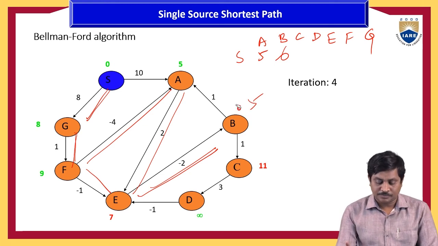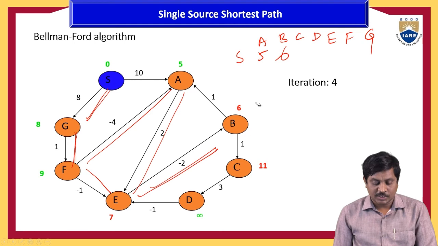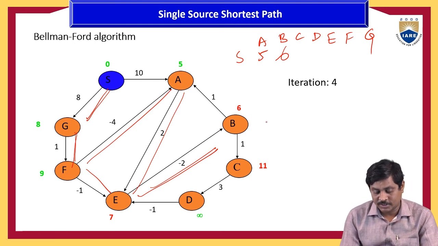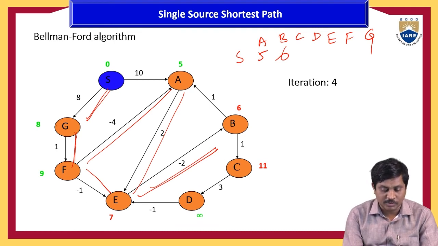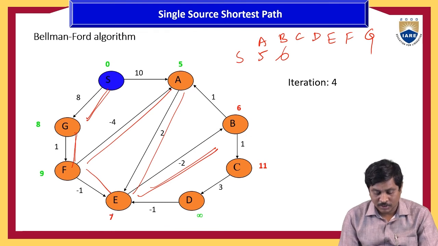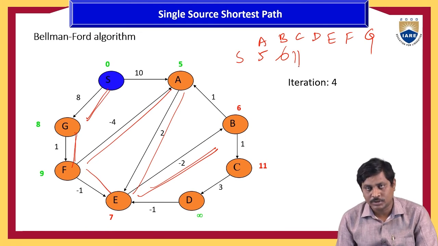S to C: S to B 6, 6 plus 1. We consider only 3 nodes. 3 nodes means now S to A to E, E to B and C. So 10 plus 2, 12, 12 minus 2, 10, 10 plus 1, 11. We get this one.